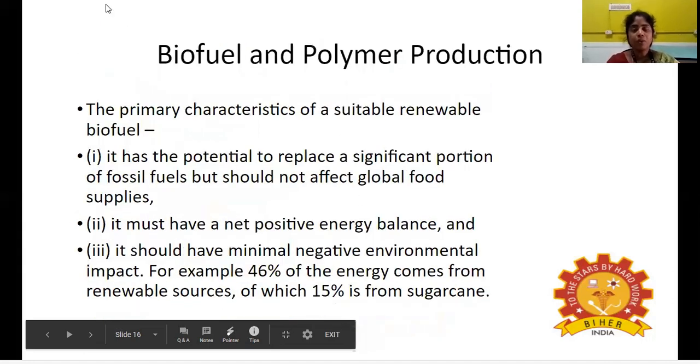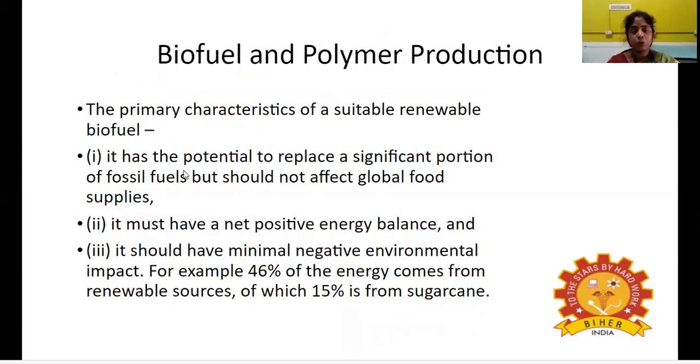And then we'll see about biofuel production. Here we talk about biofuel. As we all know, there are n number of renewable energy sources that can be used as fuel for energy purposes. Here we are going to utilize the organism as a mixed culture for biofuel production. How can it be done?